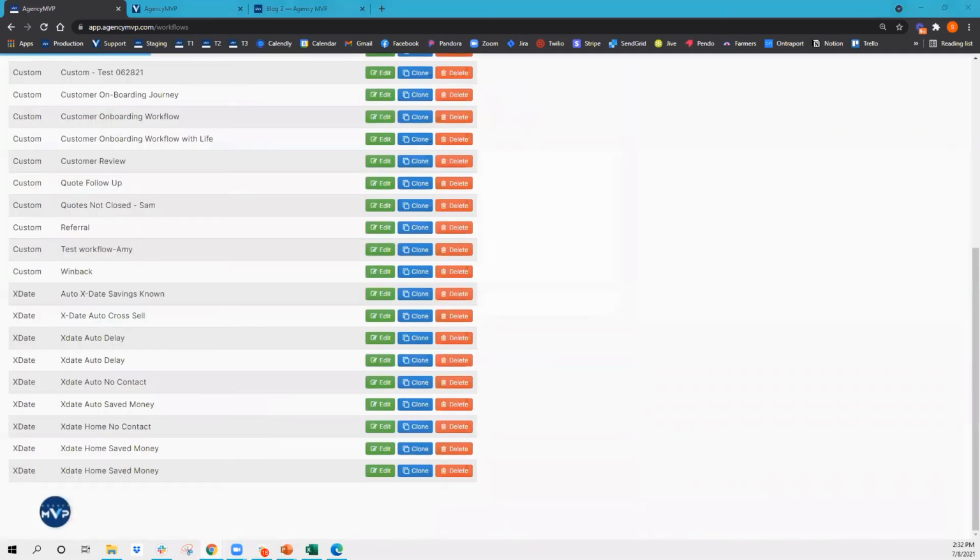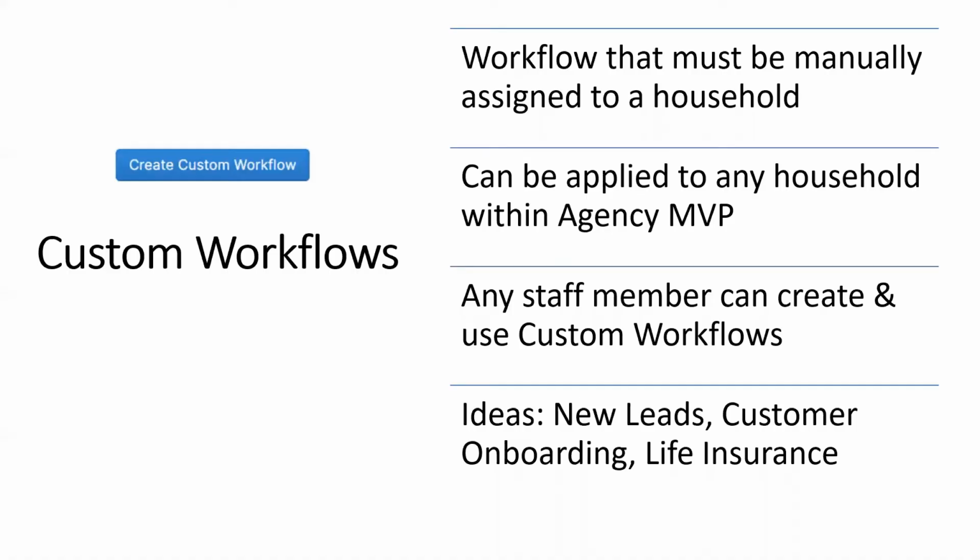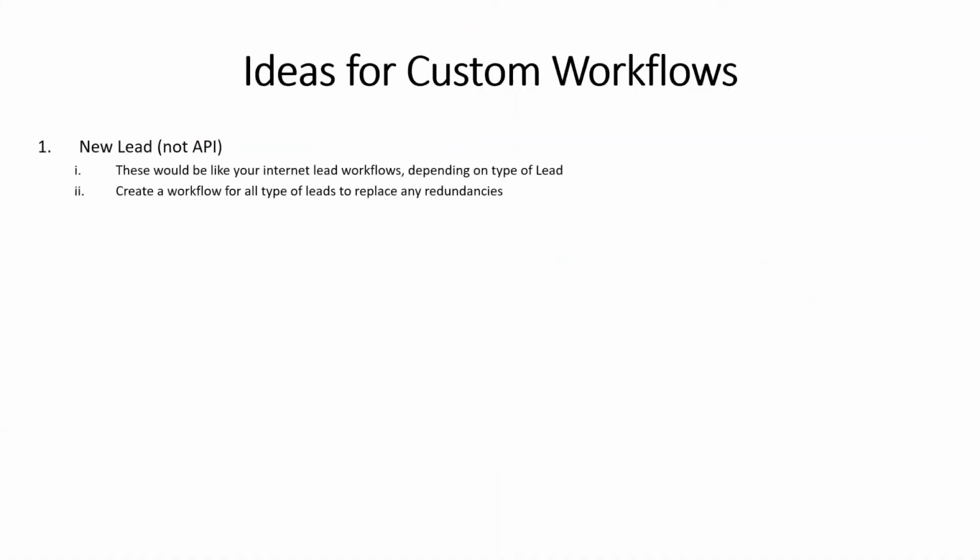All right, let's talk about some other things about custom workflows. So here are some ideas for your custom workflows. You're going to do ones for new leads. These are ones that are not integrated through the API integration. These would be like your internet lead workflows, depending on the type of lead.